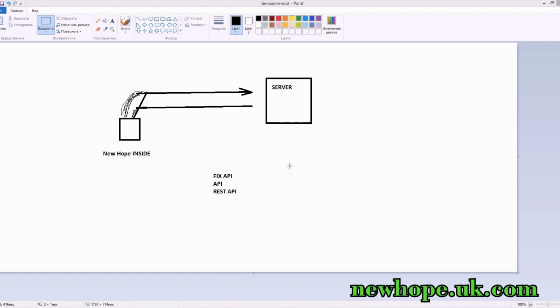And New Hope Insight is precisely the second type of protocols. The first type is the open one, Fix API, API, REST API. We got the Insight working with Fix API, and New Hope Insight for MetaTrader 4 and 5. And now we will also have the Quick version.